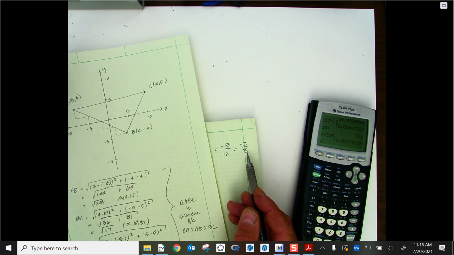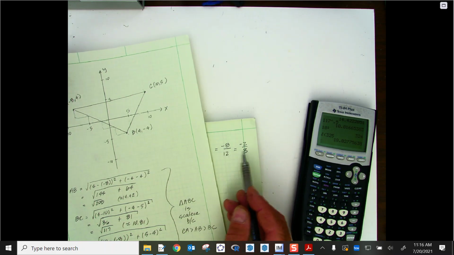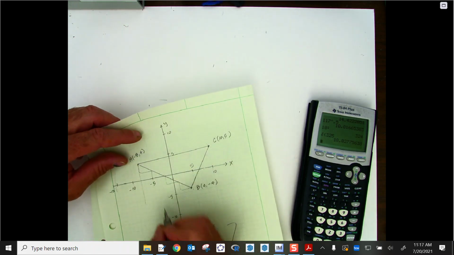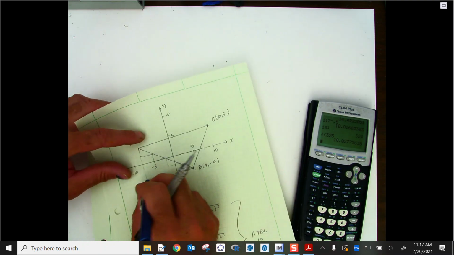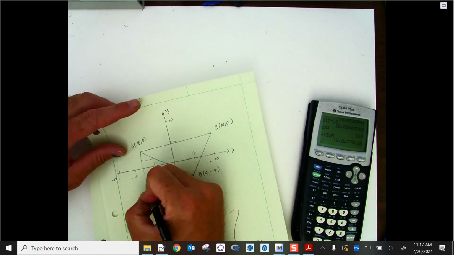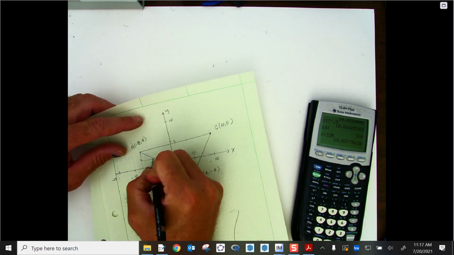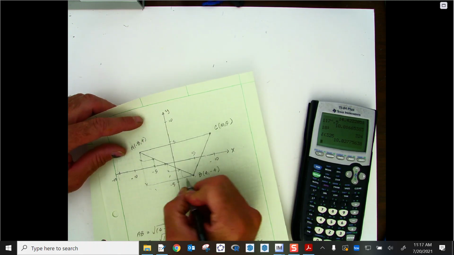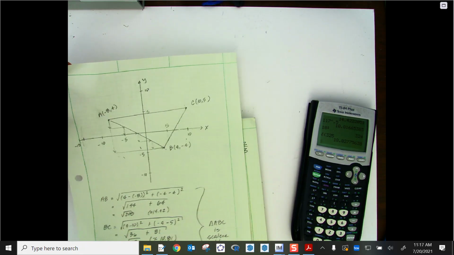You can see how the number theory works out in simplifying how much I went down and how much I went over in getting from A to B. So the slope of AB is negative 2/3.